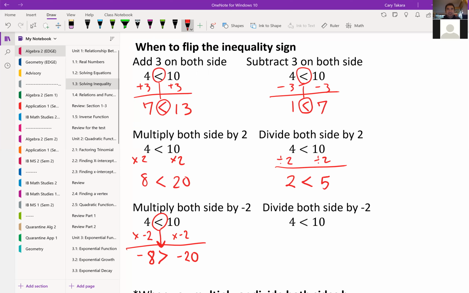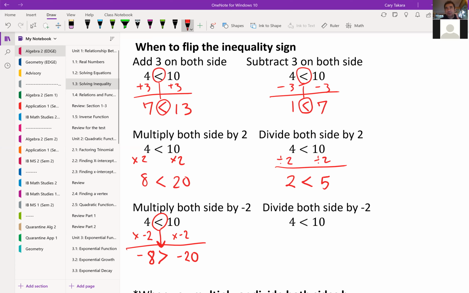Now the left side is bigger than the right side. It started out with the right side, 10, being bigger than 4, right? But when you multiply by a negative number on both sides, now the left side is bigger. So you have to flip the sign when you multiply both sides by a negative number.